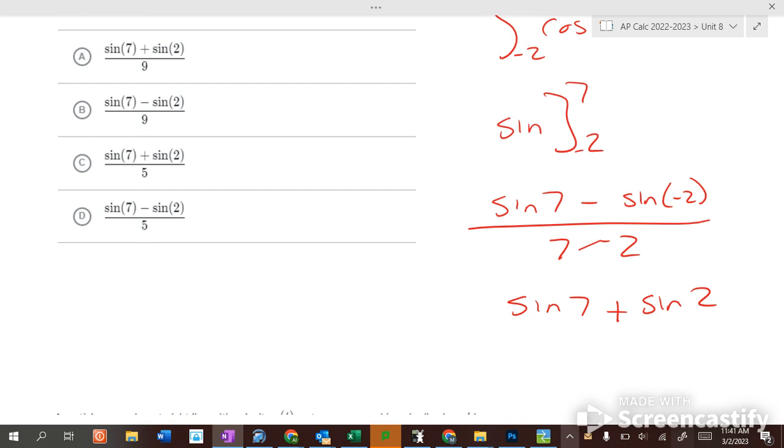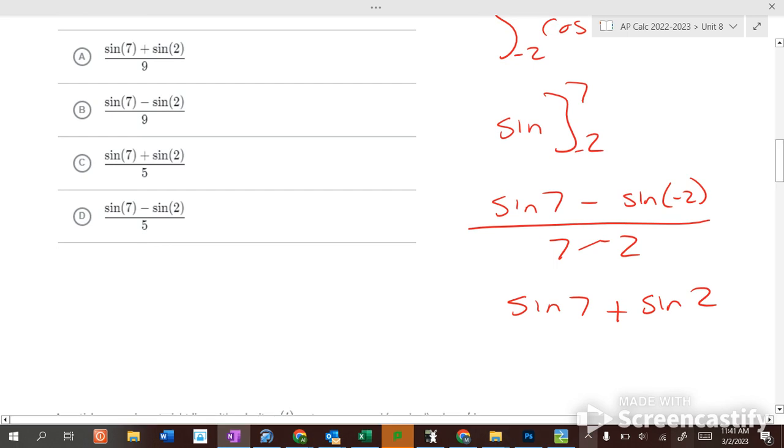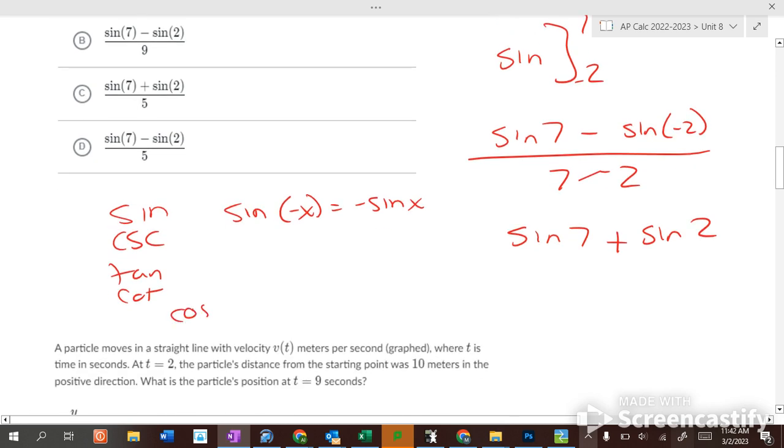Do you remember even and odd functions from trig? So sine, cosecant, tangent, and cotangent are all odd functions. So the sine of -x equals negative sine of x. The cosecant of -x equals negative cosecant of x. For cosine, it's an even function. So the cosine of -x equals the cosine of x.